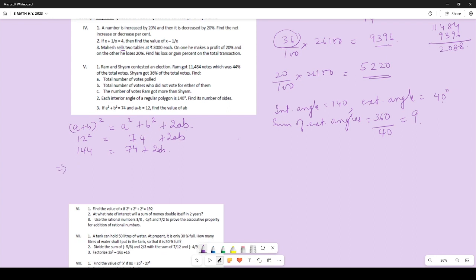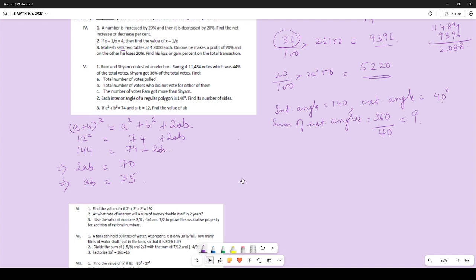Now this implies that the value of 2ab is equal to 70. So this also implies that the value of ab will be equal to 35. Simple. How did we get 70? We took 74 to this side and got 144 minus 74 is 70.